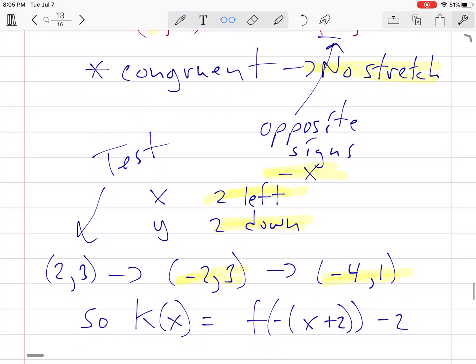So overall, for k(x) we've got a negative applied to the x value, the reflection, then a shift of 2 horizontally in the leftward direction, and then a decrease of 2 vertically. That's your transformed function.